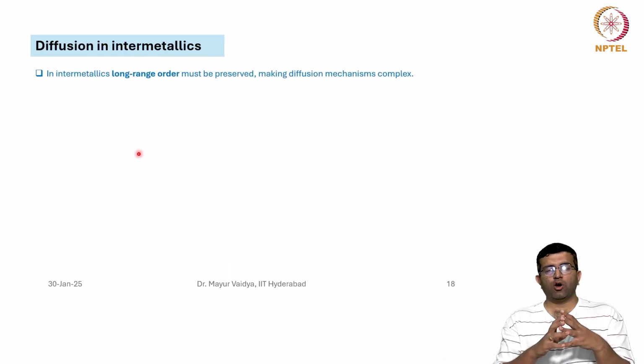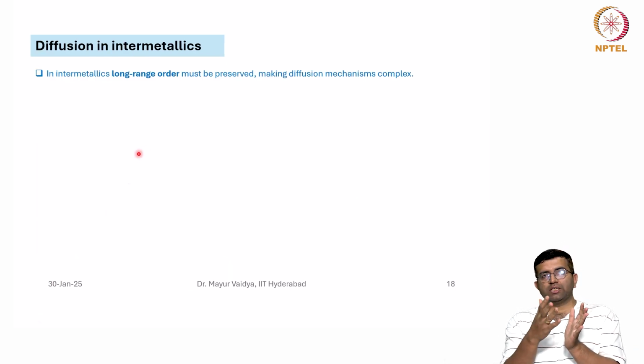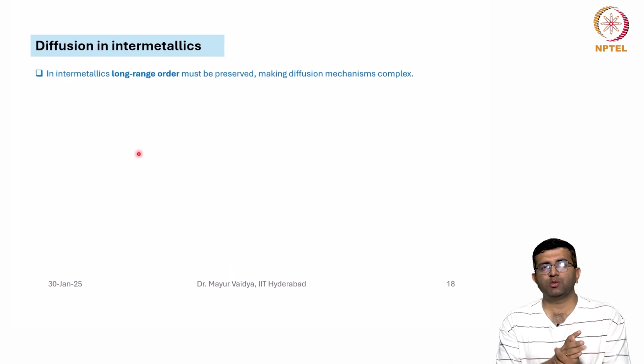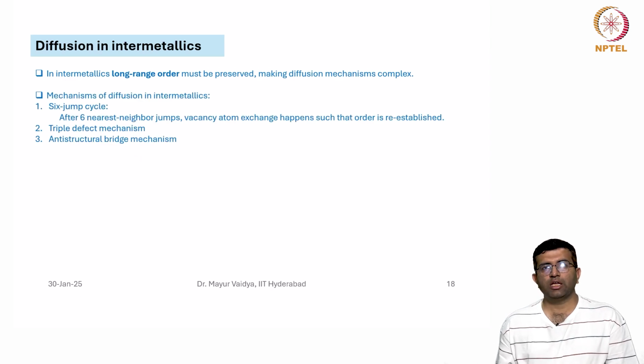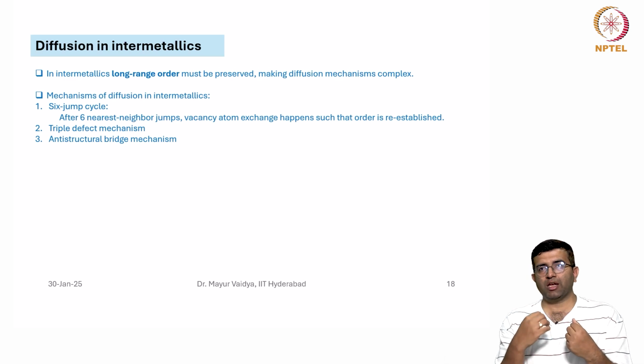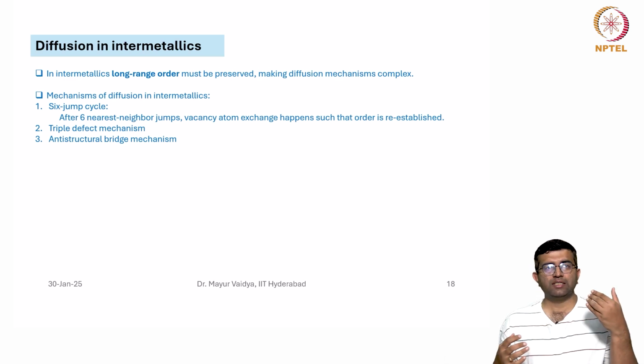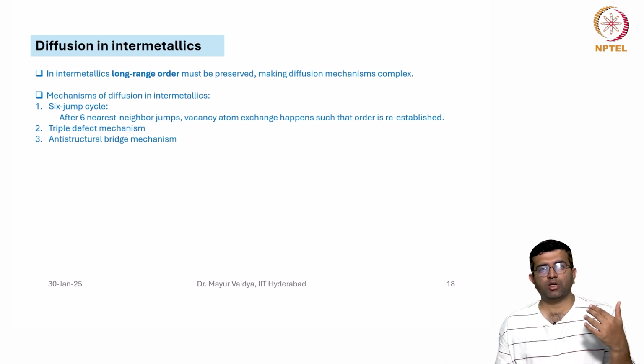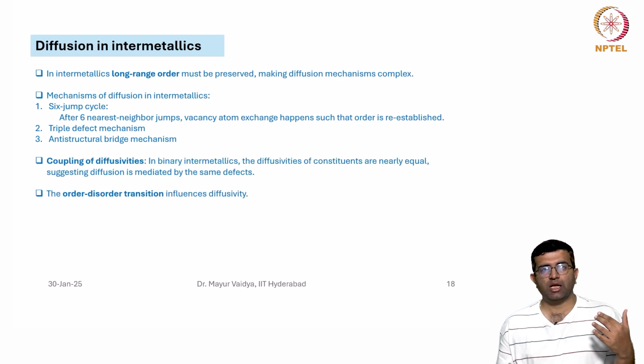Then we started talking about the diffusion in various classes of materials. We started with intermetallics, where a long range order must be present, and therefore makes the diffusion mechanisms very complex, like 6 jump cycle mechanism, triple defect mechanism, anti-structural bridge mechanism.